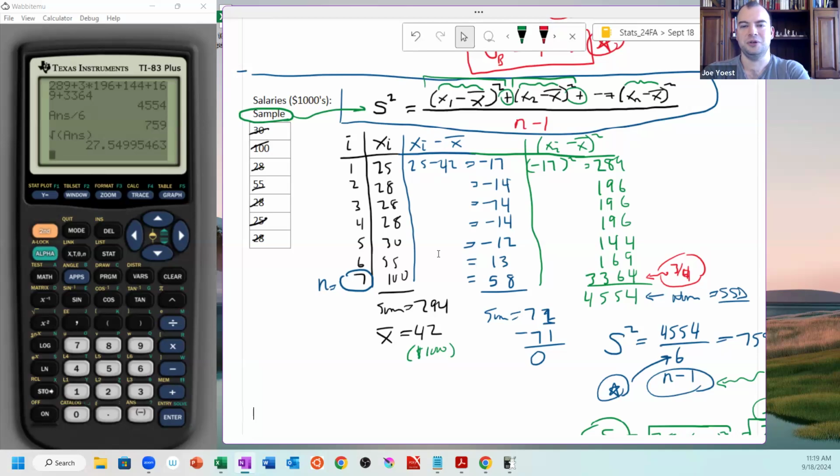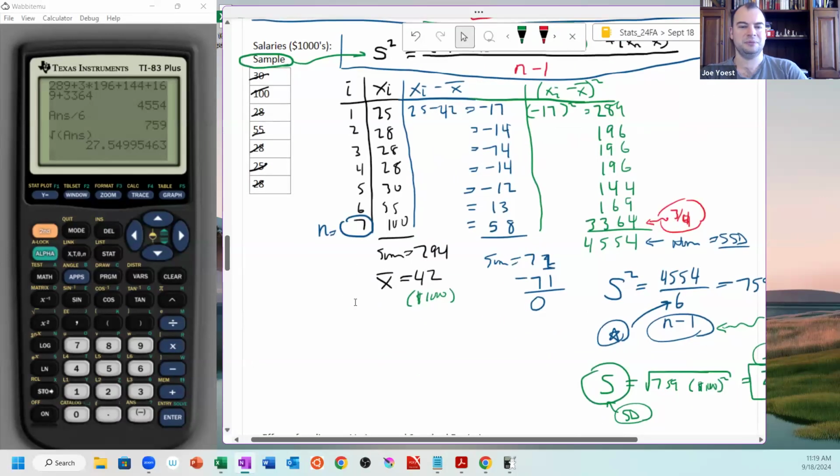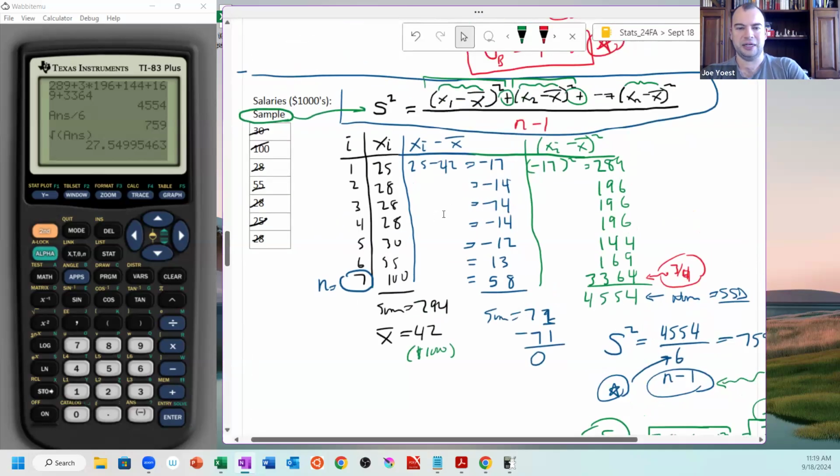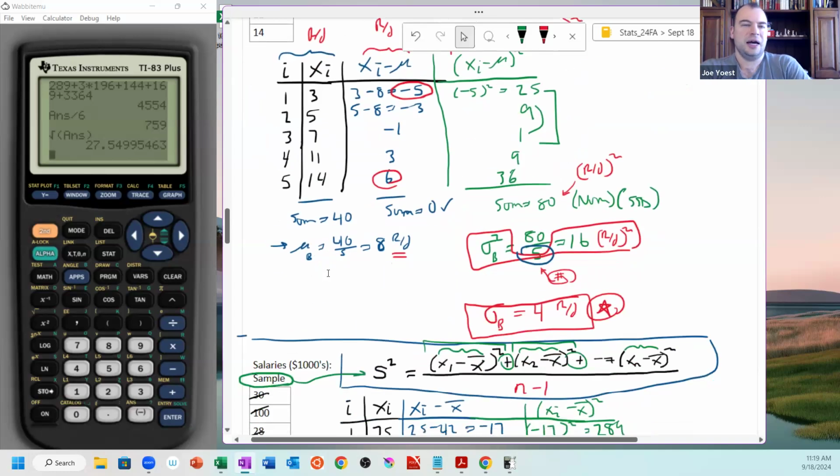It's just really too much calculation. As I mentioned before, in the measures of center section, if you get a data size of 10 to 15, maybe even 20, and the numbers are fairly nice, like the Ashley and Brandon data where you can add them together pretty easily, I would do those by hand for, say, a mean or a median.